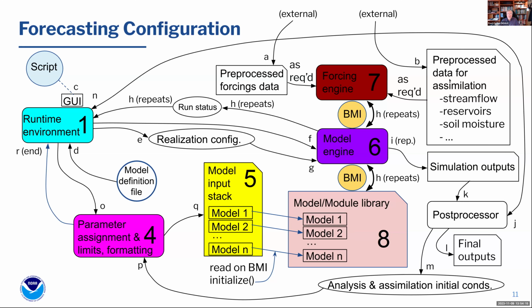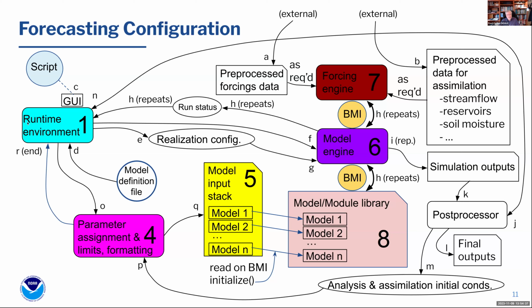And once those are ready through these arrows A and B, then you can run the framework. So that's why C is over here. D reads the model definition file, so it knows which models it's running or what the characteristics are of the models that it can run. It can check that everything's complete and ready to go.